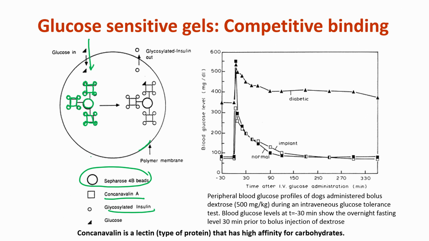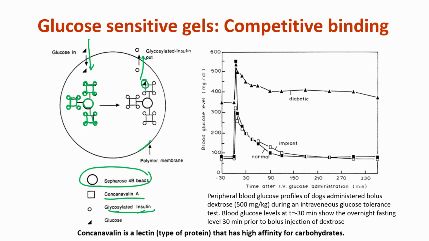As the glucose comes in, it is going to competitively bind in place of the glycosylated insulin. It will replace the insulin by binding to the site on the lectin, and it will competitively kick out the insulin, and as the insulin is kicked out, it will come out into the system and decrease the blood glucose level.